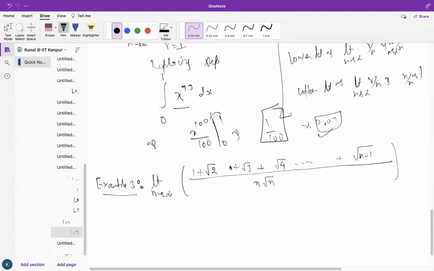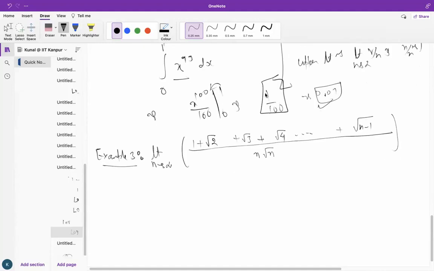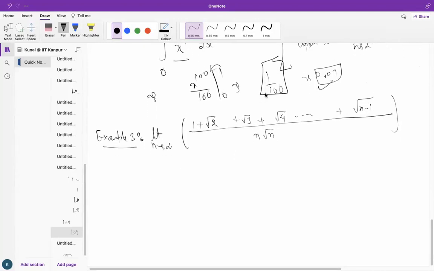So this is the series given. Now we have to use the definite integral as a limit of a sum. It's not a property, it's actually a theory.